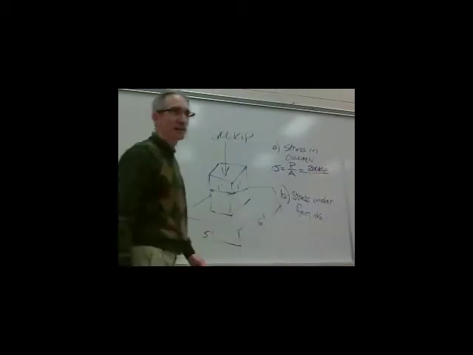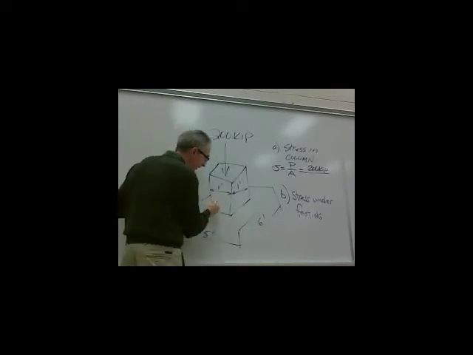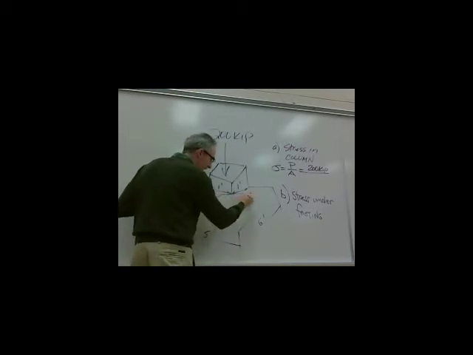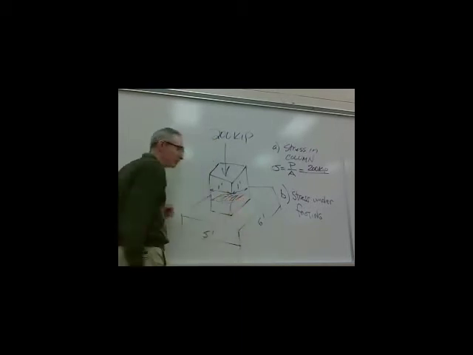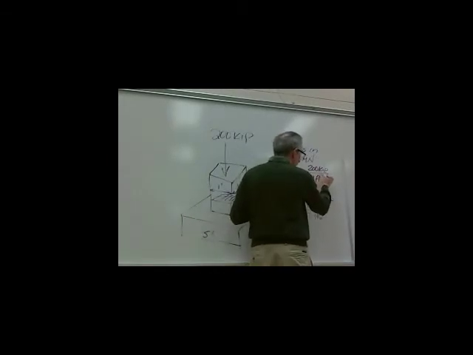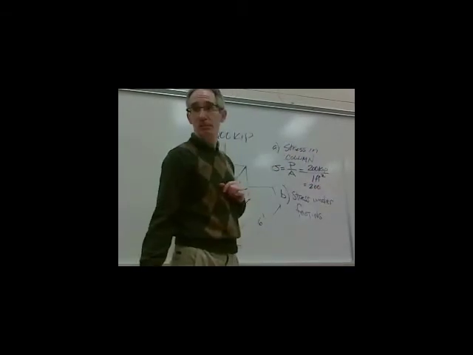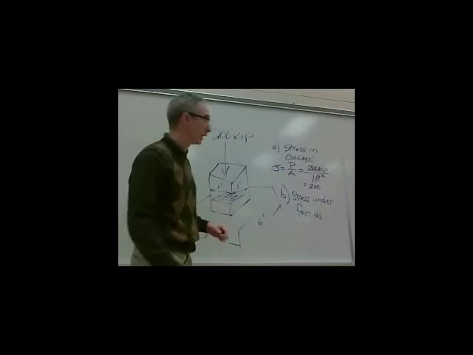The area that's resisting it is 1 square foot, because again, you're looking at the cross-sectional area of the column here. Okay, so that's 1 by 1. That's 1 square foot. So the stress is 200 kips per square foot.